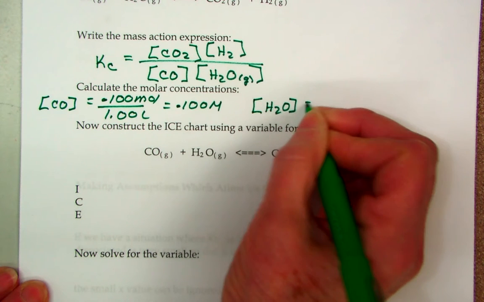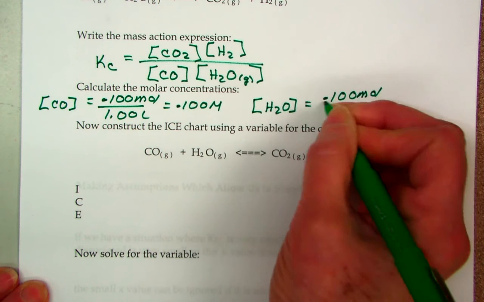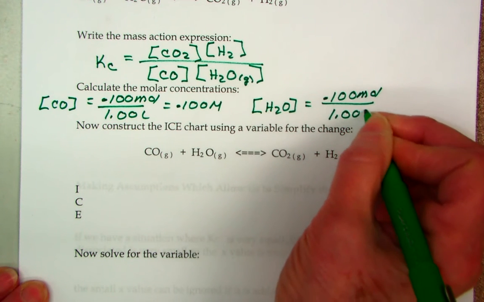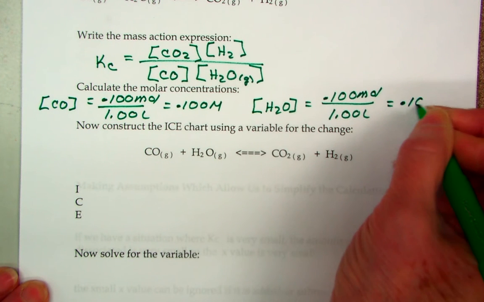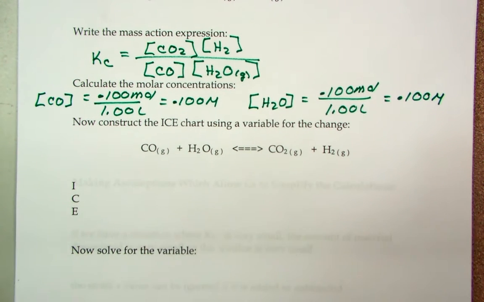We have 0.1 moles per 1 liter, and that's equal to 0.1 molar. And again, it's coincidental that these are the same, and it's going to make the math easier. Later on, we'll talk about what happens when they're not the same and the math's not easier.